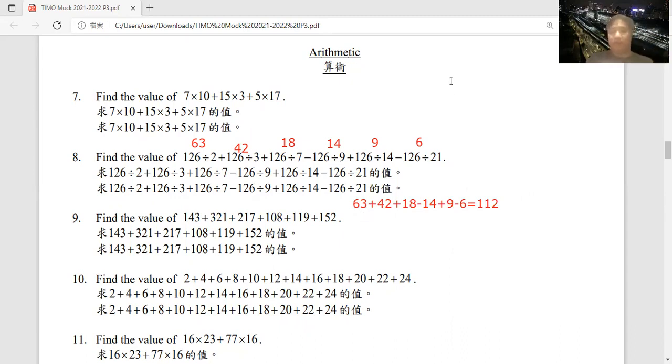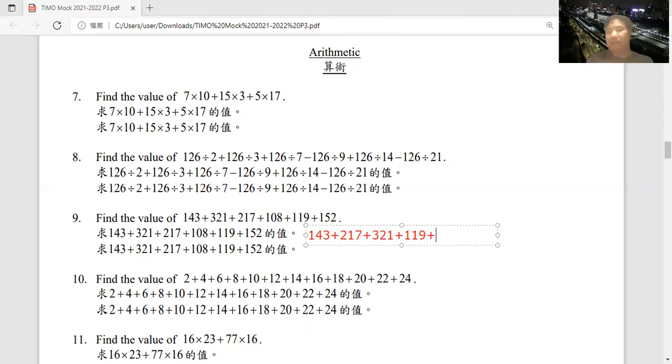Okay. Any questions? Now find the value of this one. You just add up to 10 and put in the terms of 10, so it will be easier. So some of you will do something like this: 143 plus 217 plus 321 plus 119 plus 108 plus 152.